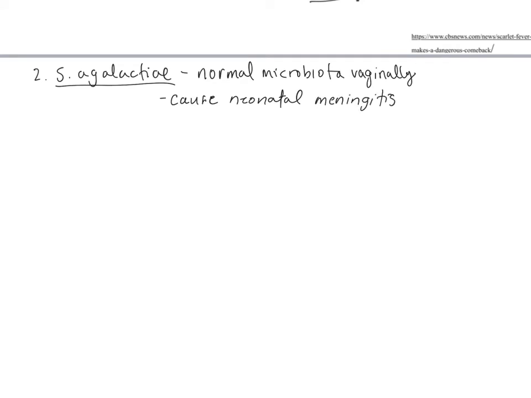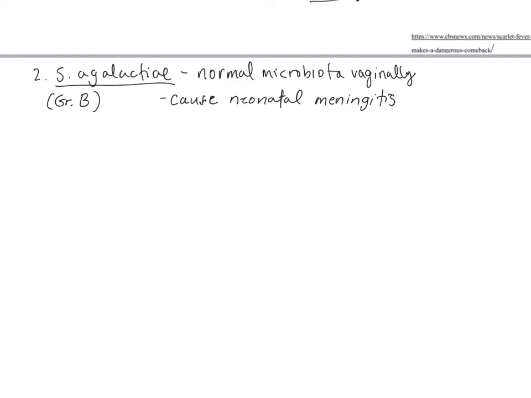Now, the incidence of this goes way down with good prenatal care because women near the end of their second trimester or the beginning of their third, I forget, are tested for what they call Group B strep. And we're going to talk about what that grouping system refers to in a minute, but Strep agalactiae is in this Group B of our strep.